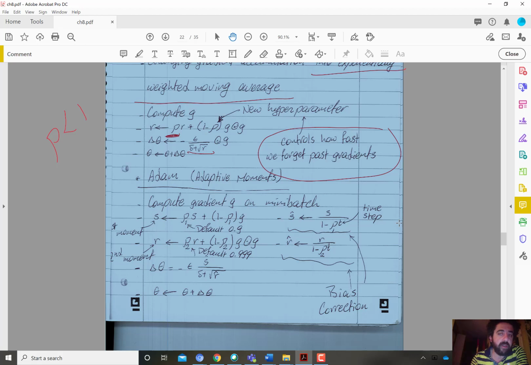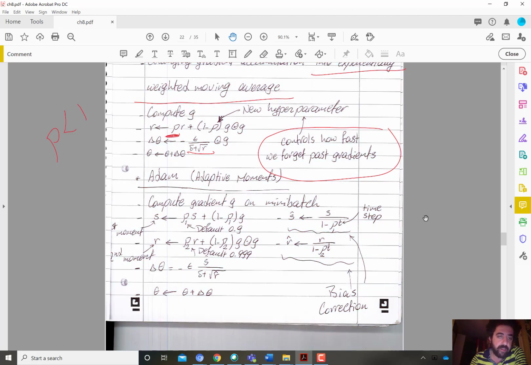ADAM, or the adaptive moment algorithm, which is the second algorithm that we discuss in this video, is basically a combination of momentum with the idea of RMSProp. And the idea is very simple. Here it's like rethinking of momentum as a first order moment. So this is the momentum update, that step right here.